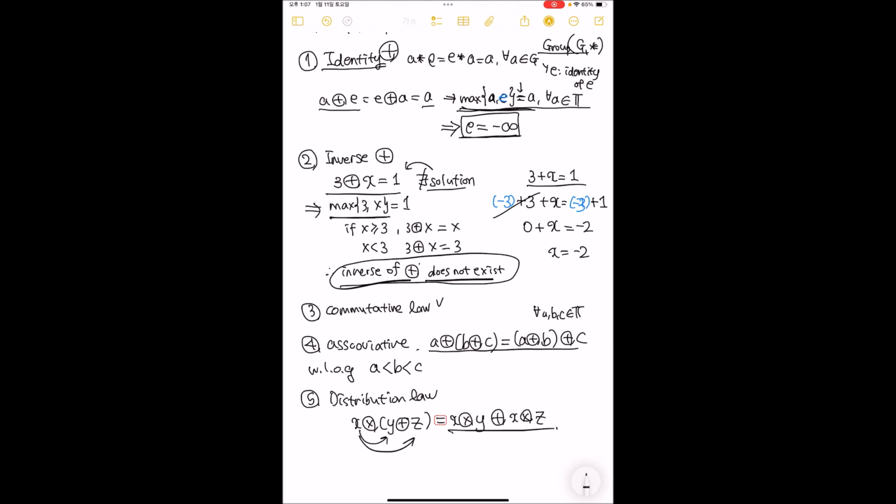So the tropical number system, except for the inverse, is a quite reasonable number system.